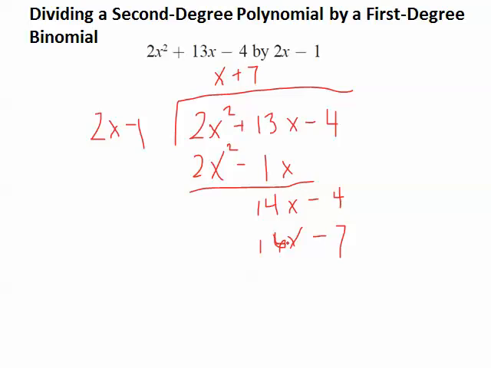When I subtract this, I'm going to get a positive 3 as a remainder. And so what I'm going to get is 3 over 2x minus 1. So it's x plus 7 plus 3 divided by 2x minus 1.